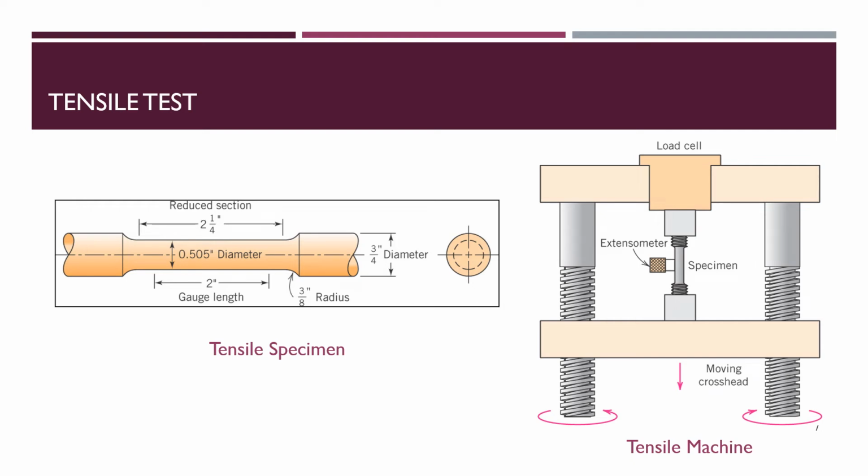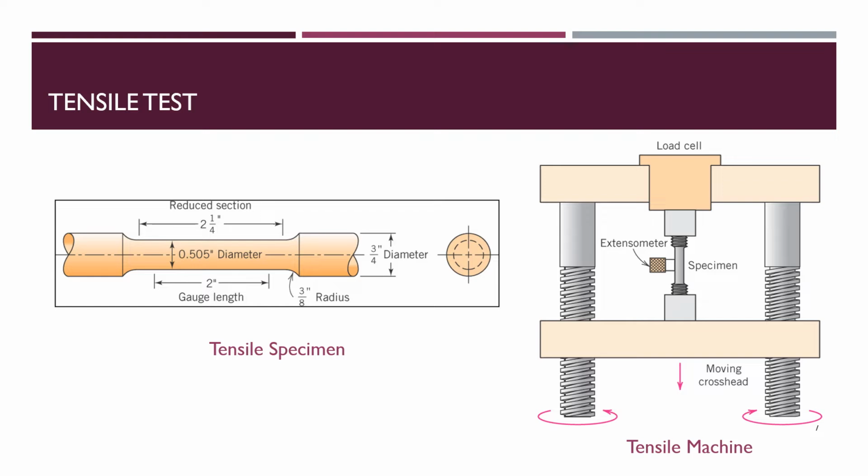Shown here are examples of tensile specimen. Tensile specimens usually are in round shape with certain length. On the right, you can see the tensile machine. The specimen will be placed in the center.